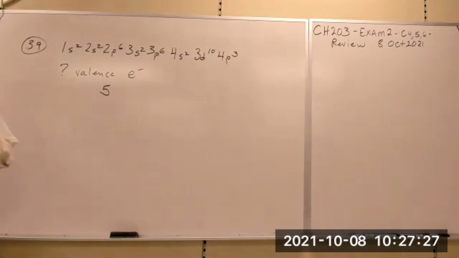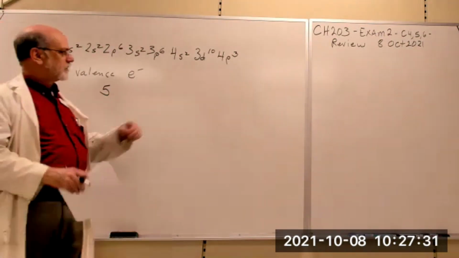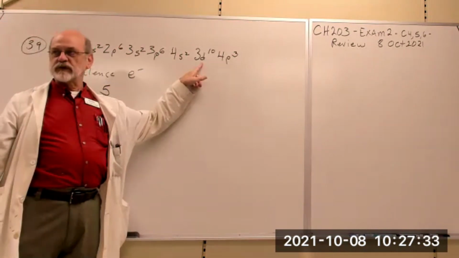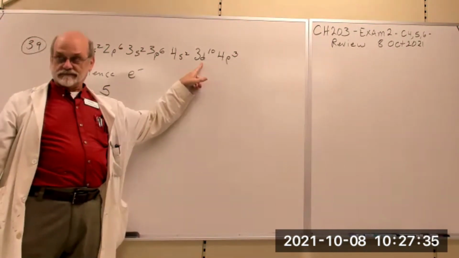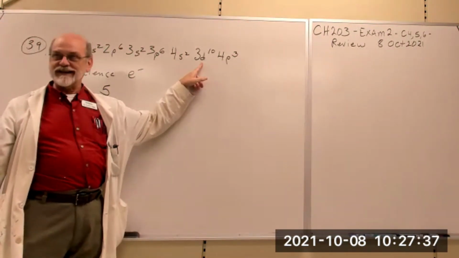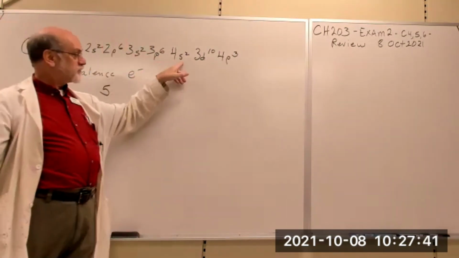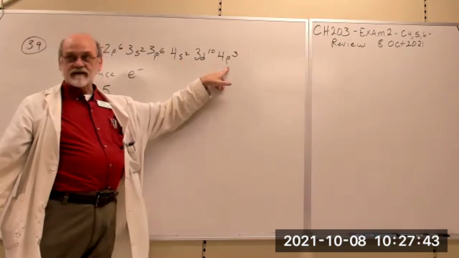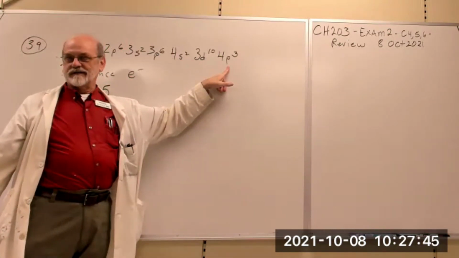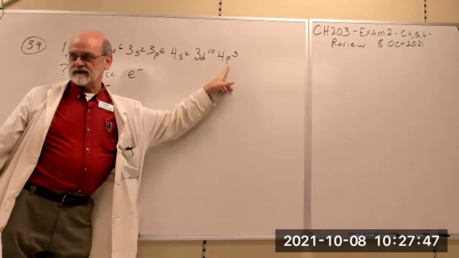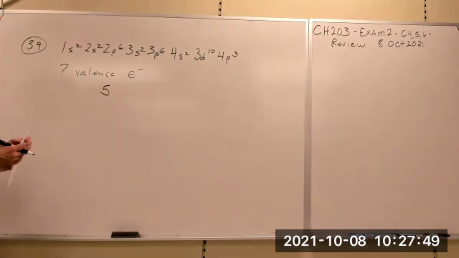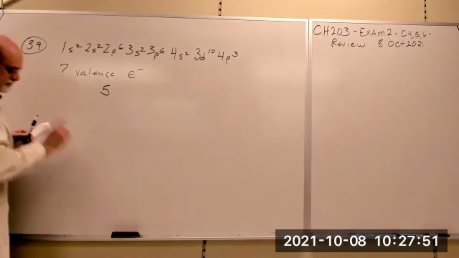So that's 2 plus 3 is 5. By the way, is that one full? Yeah, d orbitals take 10 electrons. So it's got all it needs. That one's full. That one's not. P's can have 6. Okay.